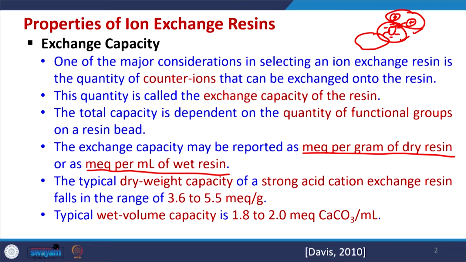The typical dry weight capacity of a strong acid cation exchange resin is in the range of 3.6 to 5.5 milli equivalent per gram, and similarly the typical wet volume capacity is in the range of 1.8 to 2 milli equivalent with respect to calcium carbonate per ml. So, whenever we are finding out which ion exchange resin we have to use, we should always see what its capacity is with respect to exchange of ions. Depending upon that we can purchase.